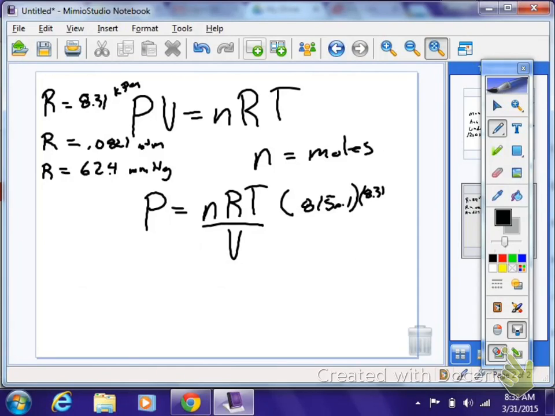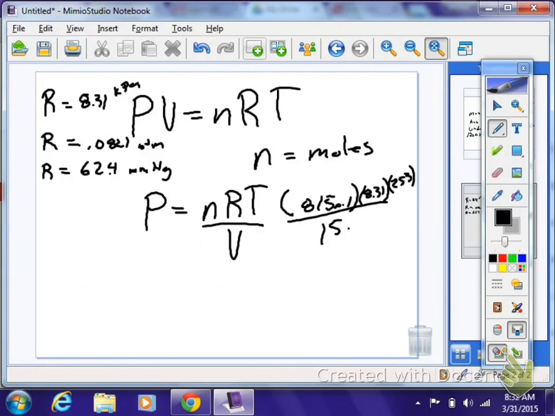Okay, so we got 8.31, and then our temperature is in Celsius, minus 20. So we add that to 273, so it's 253. Again, I'm running out of room. Divided by the volume, and the volume is 15.7 liters. It has to be in liters.